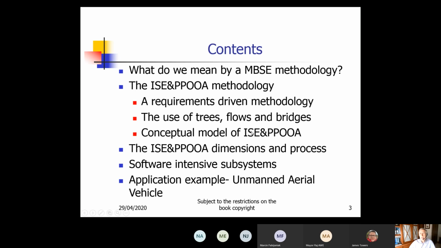Also, I will explain the conceptual model or the ontology that is the foundation of this method. This method has 3 dimensions that are mission, system, and software, and has a process.